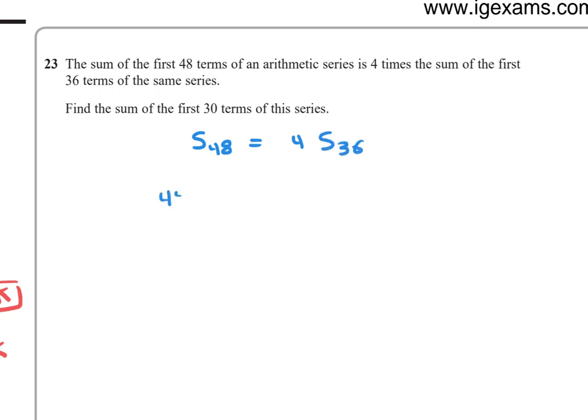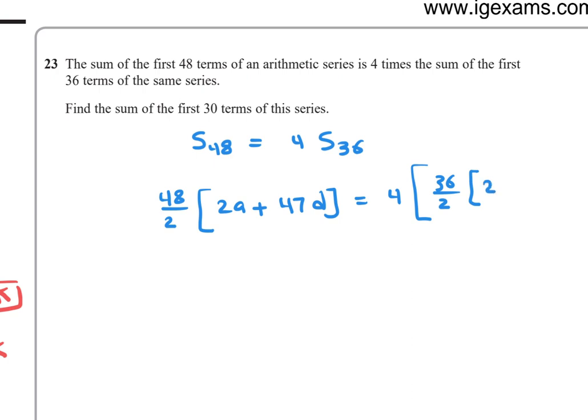S48 equals 48 over 2 into 2a plus (n minus 1)d, so 48 minus 1, so 47d, equals 4 times 36 over 2 into 2a plus (36 minus 1)d, so 35d.